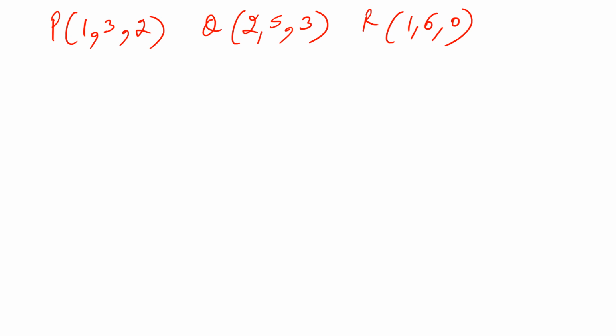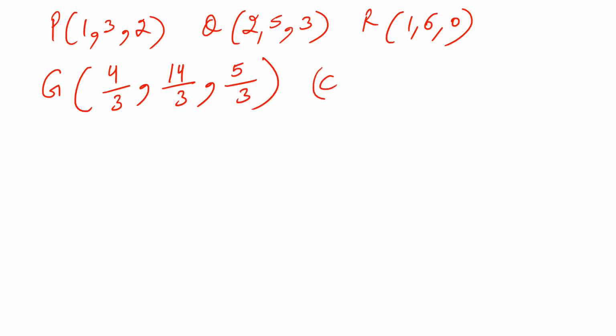Now just use the formula to find the coordinates of the centroid of the triangle. So the coordinates of the centroid of the triangle PQR become 1 plus 2 plus 1, which is 4 divided by 3. Then we have 3 plus 5 plus 6, which becomes 14 divided by 3. And lastly, we have 2 plus 3 plus 0, that is 5 divided by 3. So that means option C is correct.